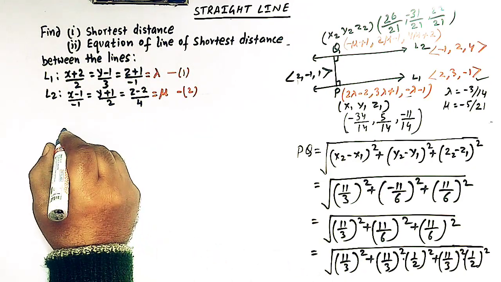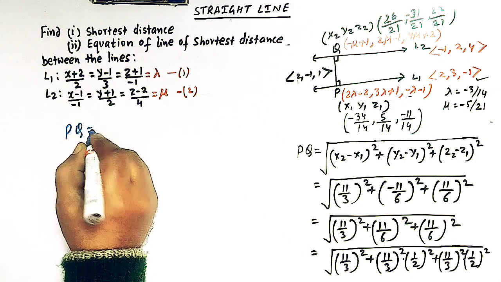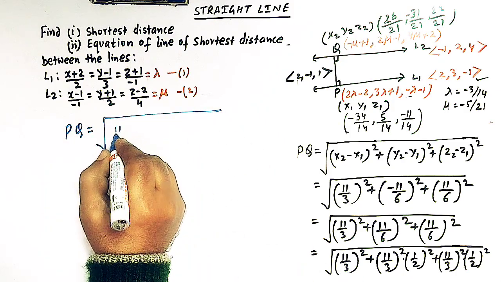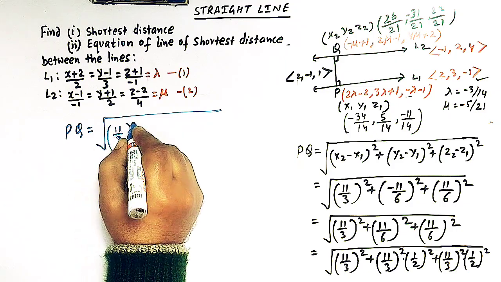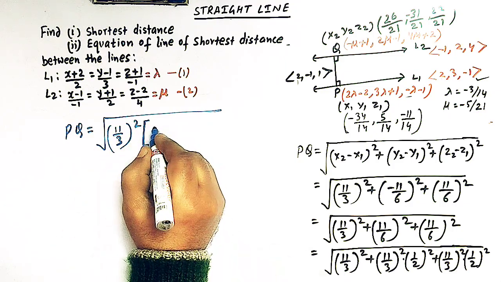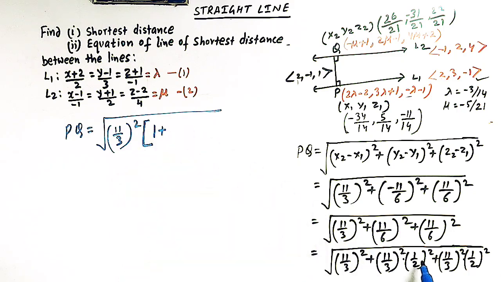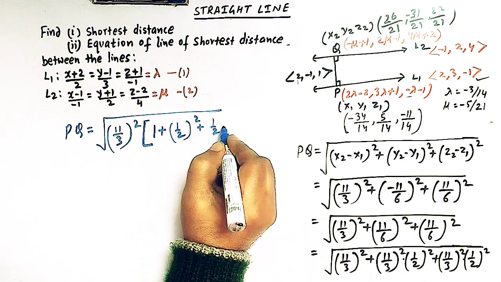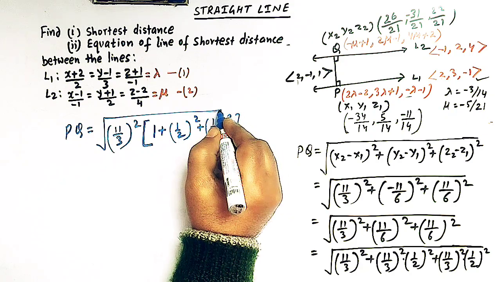So now we can write PQ as square root, and here we have (11/3)² as common. So we have now 1 plus (1/2)², and then we have (1/2)², right?